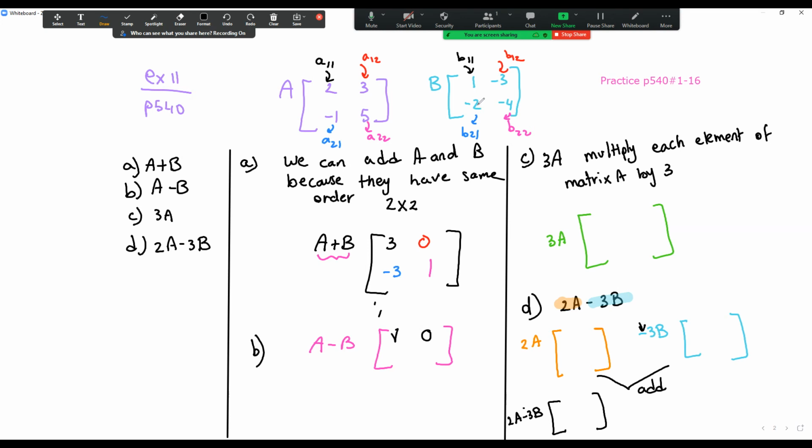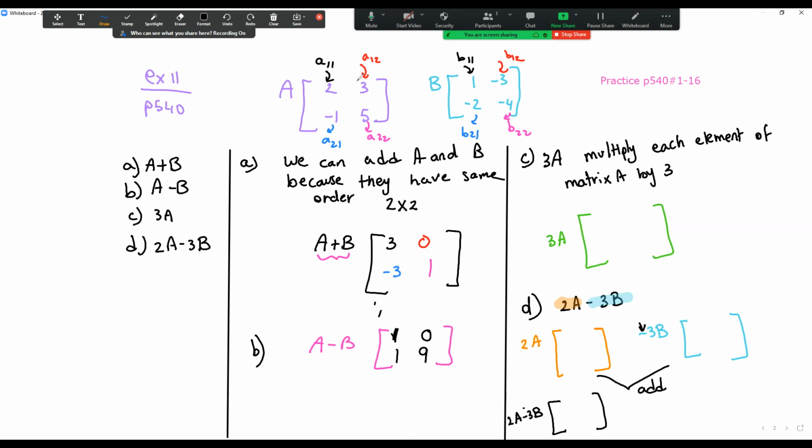Negative 1 minus negative 2, so negative 1 plus 2 equals 1. And 5 minus negative 4, I'm sorry, and that will equal 9. So we are subtracting elements that are in the same position.